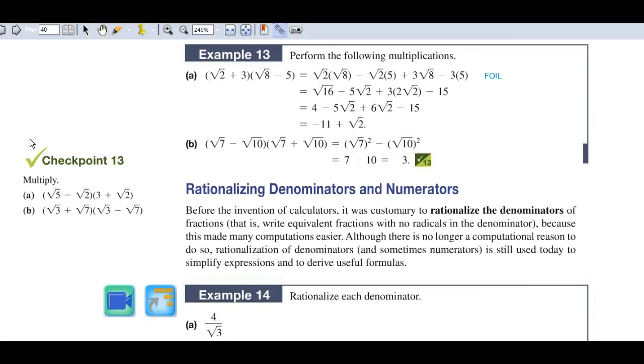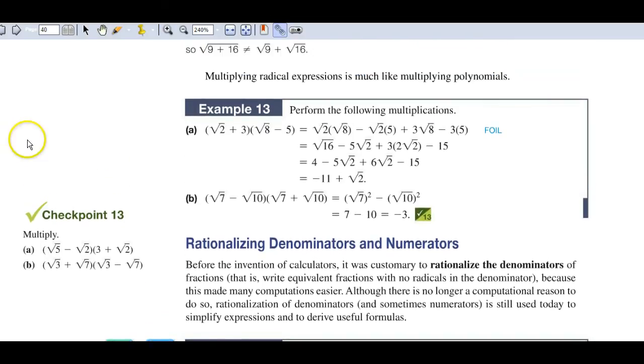Okay, we're going to do some foiling now. Let's do some foiling here. This times this is going to be 2 times 8, which is 16. The square root of 16 is 4. Now my outers is a negative 5 square root of 2. My inners is plus 3.